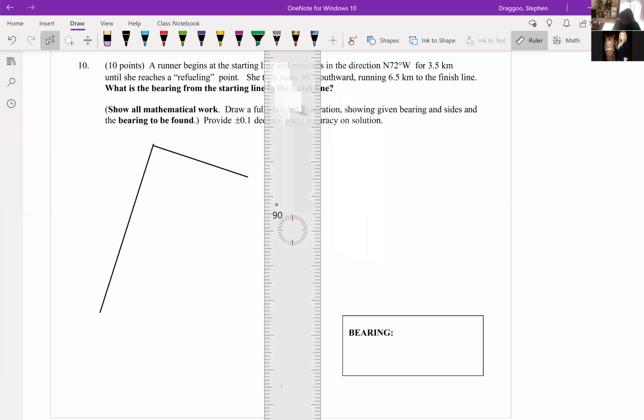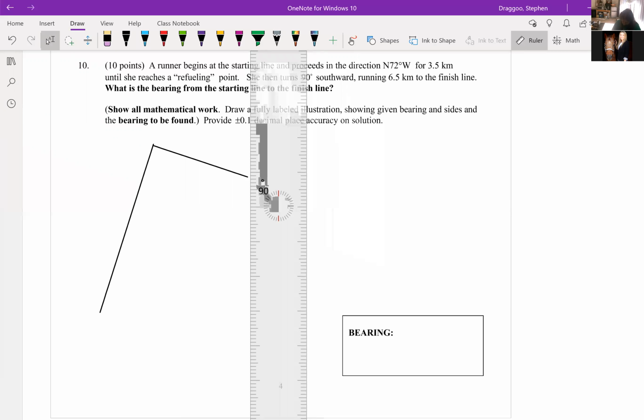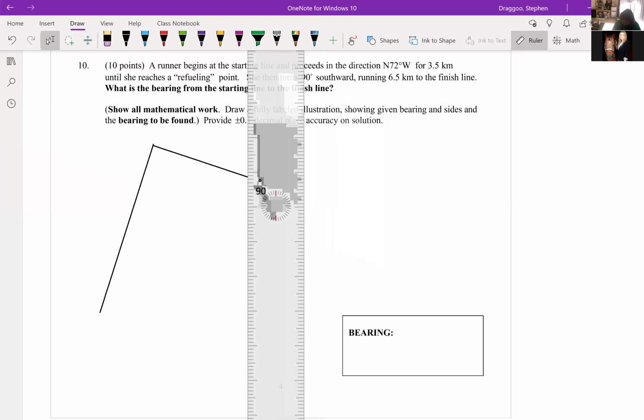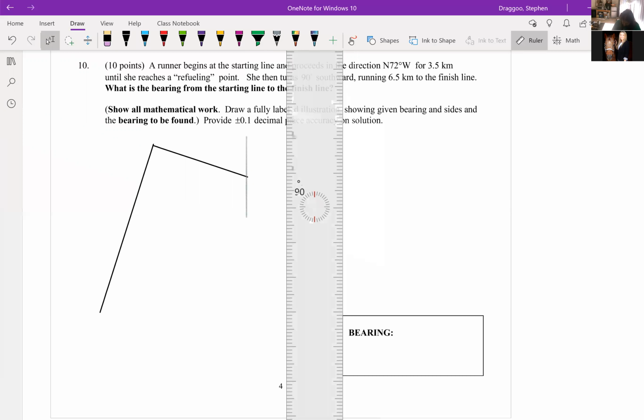And then let's also sketch the coordinate axes. I'll put a compass heading at my starting line. Try again.